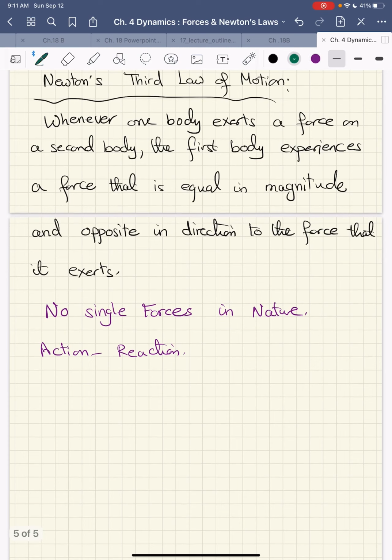If I have these forces between two objects, regardless of the masses, let's assume this is 1 and this is 2, the force from 1 on 2 should equal negative the force from 2 on 1. Equal in magnitude and opposite in direction.